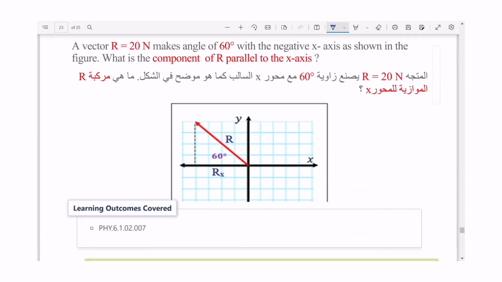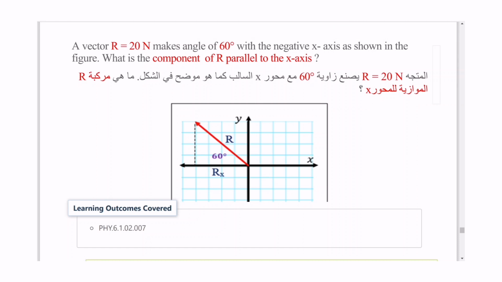Question number 23. A vector R that is equal to 20 Newton makes an angle 60 with the negative x-axis as shown in the figure. What is the component of R parallel to the x-axis? So what is this component?